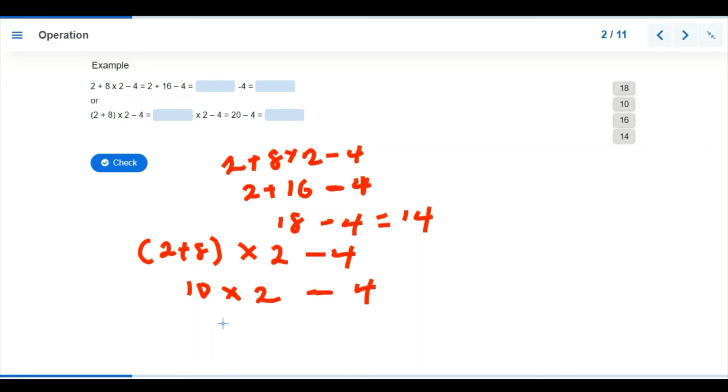So 10 times 2 should be 20, minus 4. 20 minus 4 will give us 16. So for this type of question, we can have two solutions. The first solution is 14, and the second solution is 16.